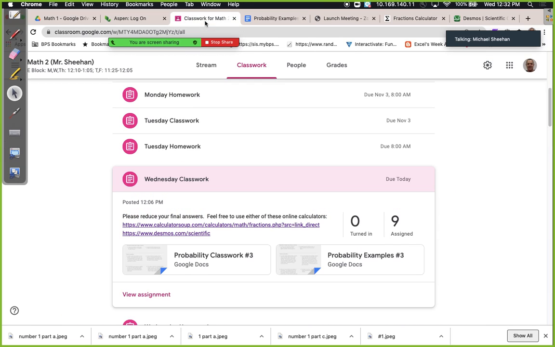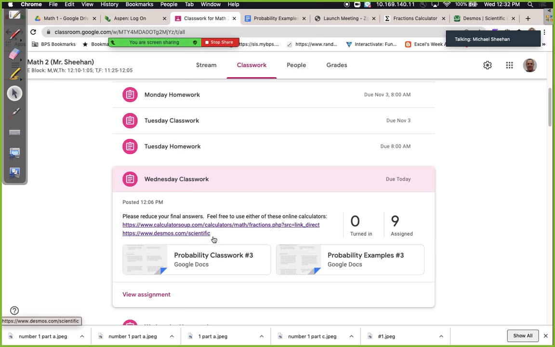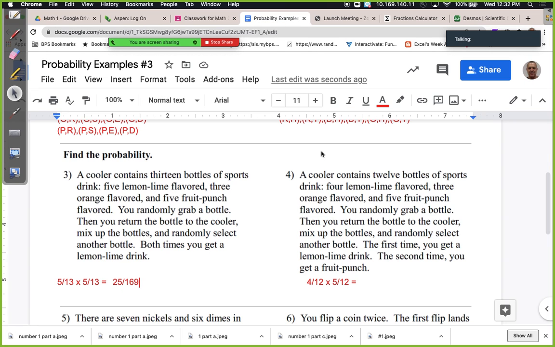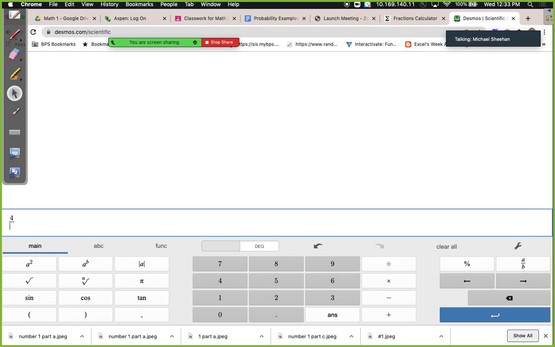If you click on the second link, I personally like the Desmos one a little better, but if you like the other one better, that's why I gave you options. So if you click on the second one, this time I want to do 4/12 times 5/12. The second link will bring you to Desmos. Do 4/12, and it'll automatically make a fraction. Right arrow, asterisk, or you can click on the times button.